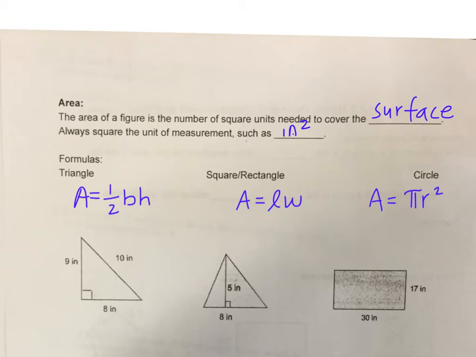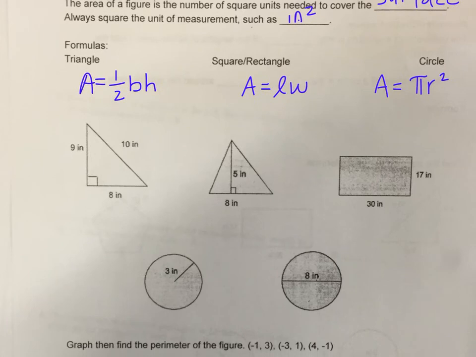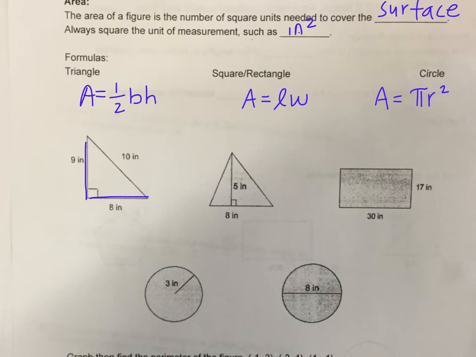So let's find the area of this triangle right here. So it's 1/2, our base is 8, and our height is 9. So 1/2 times 8 times 9 equals 36 inches squared. For this triangle, this is our height, that's our base. 1/2 times 8 times 5.